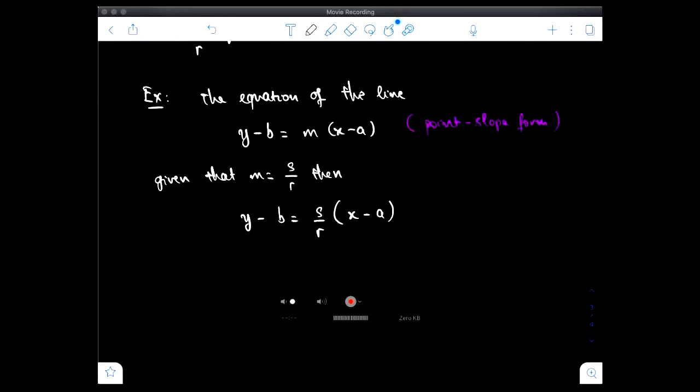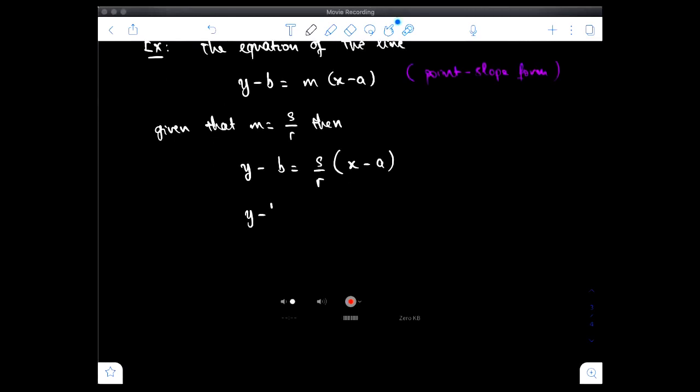Now, if you divide both sides by s, we get (y minus b) over s equals (x minus a) over r. Right, so this equation, the left-hand side equal to the right-hand side, we can relate these two components by a third item, and we let this equal t, the parameter t.